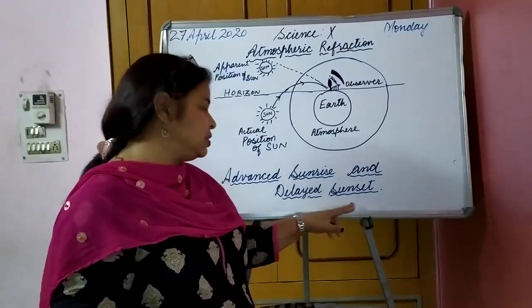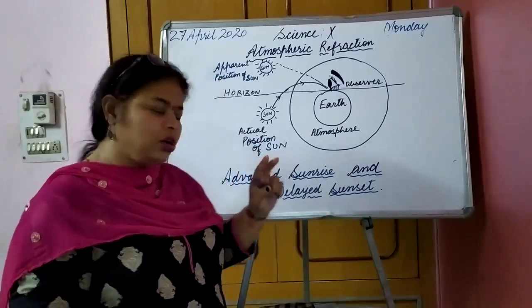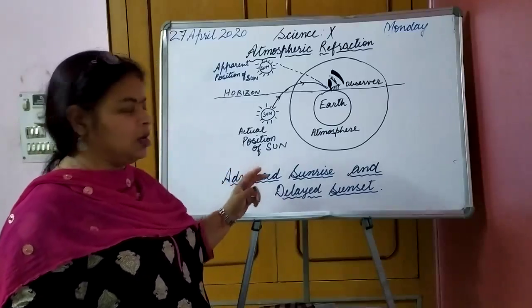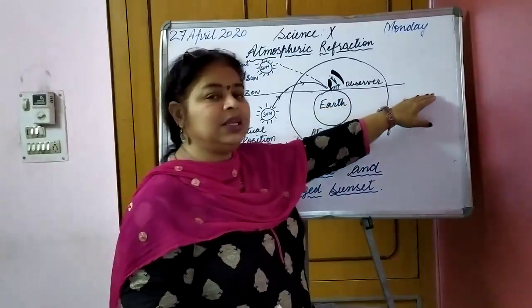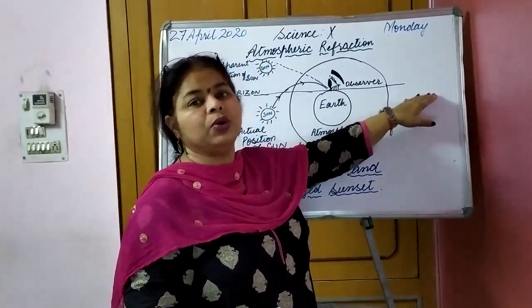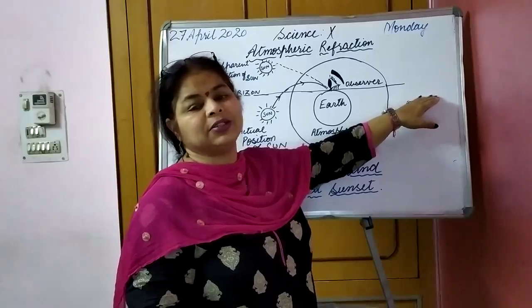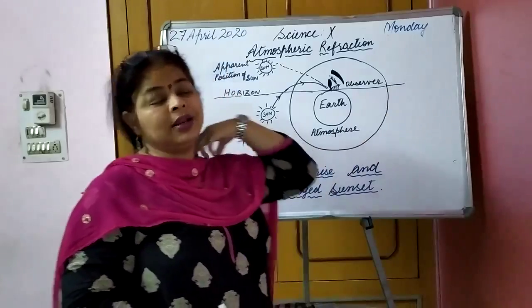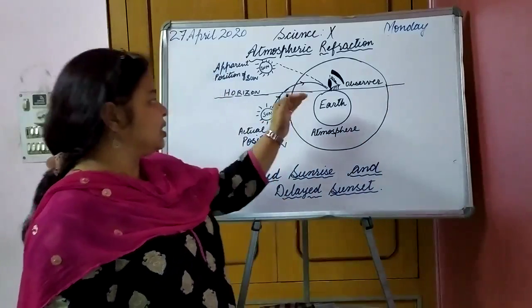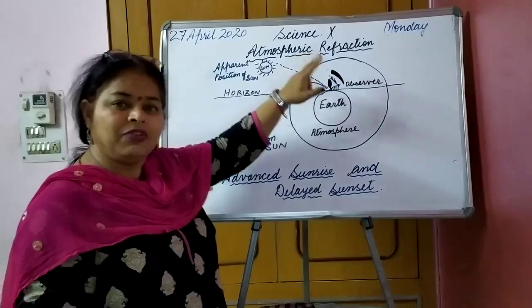So how much difference is there? 2 minutes again. 2 minutes difference for the sunrise, actual and apparent. In the same way, when the sun is setting, it appears as if it is about to set, but it sets 2 minutes later. So this is again due to atmospheric refraction.